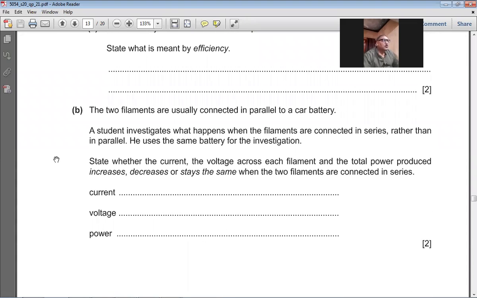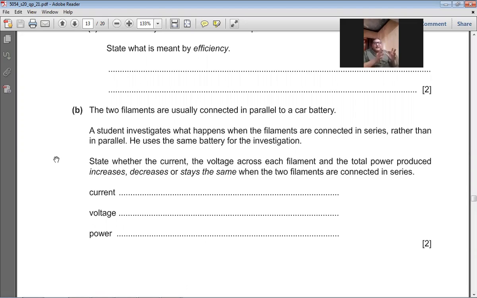Here we go. Two filaments are usually connected in parallel to a car battery. The student investigates what happens when the filaments are connected in series rather than in parallel. He uses the same battery for the investigation.